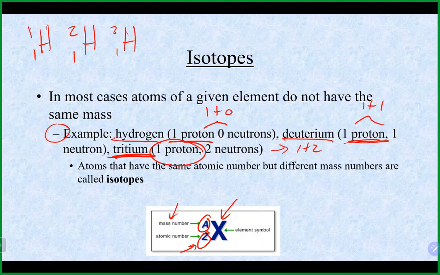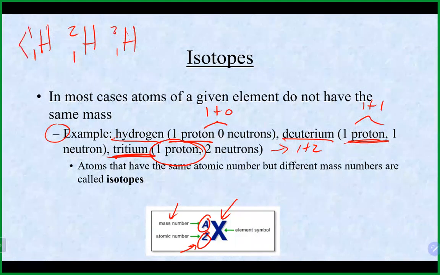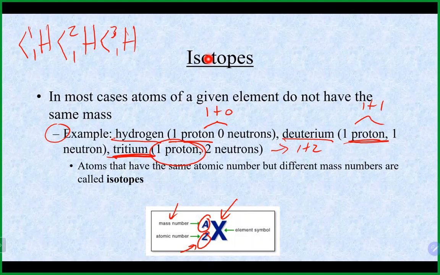Again, if you subtract the bottom number from the top number, it gives you the number of neutrons. So 1 minus 1 is 0, 2 minus 1 is 1, and 3 minus 1 would be 2. I wrote that badly. That gives us our number of neutrons. Any questions on that?